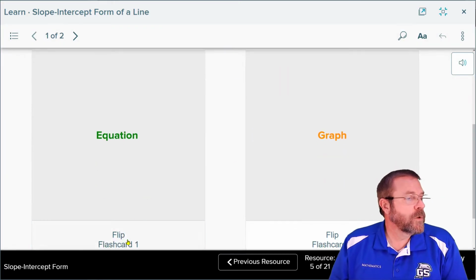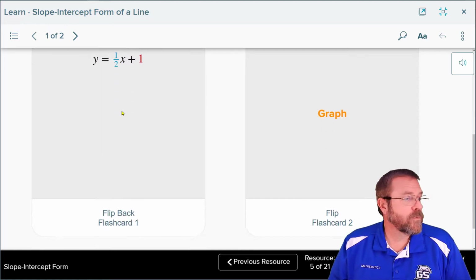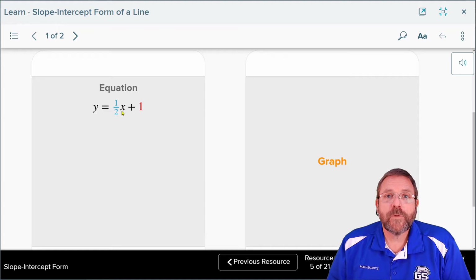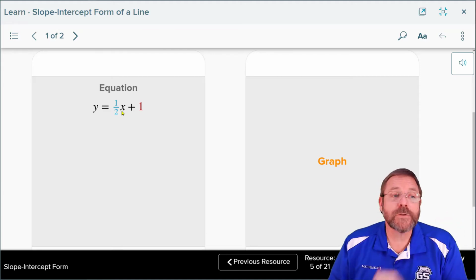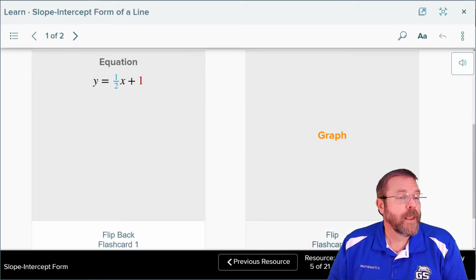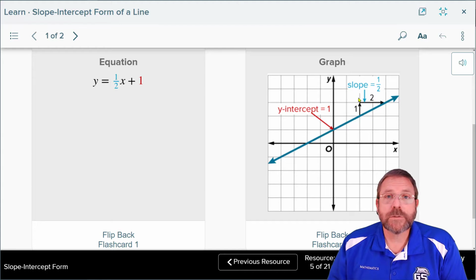Scrolling down, your equation, y is equal to 1/2 times x plus 1. That's an example of an equation written in slope-intercept form, and you can see right here on the graph your slope has a rise of 1 for a run of 2, so your slope is 1/2, rise over run, and your y-intercept is this spot right here.